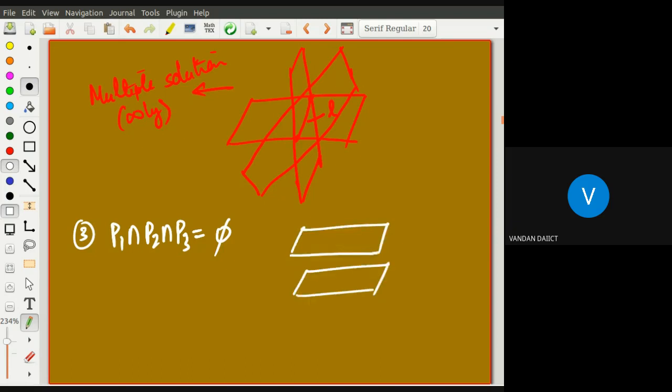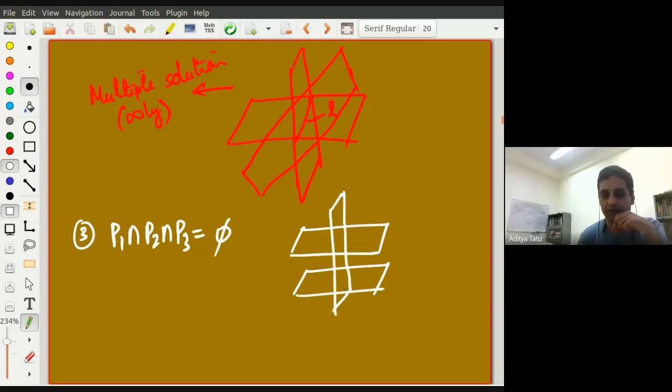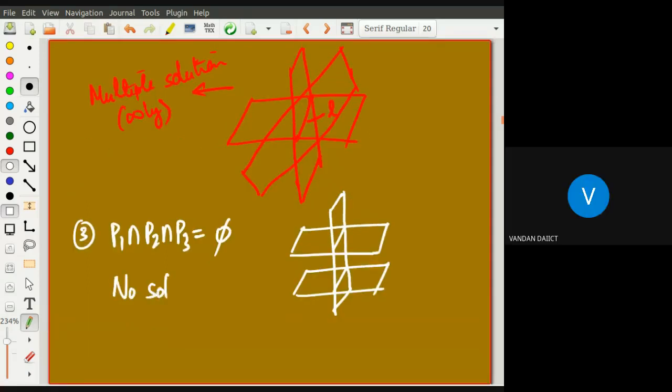What else? No solution. When all three planes are parallel, in that case also no solution.